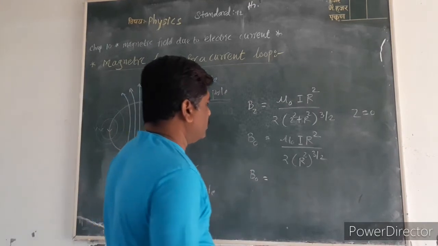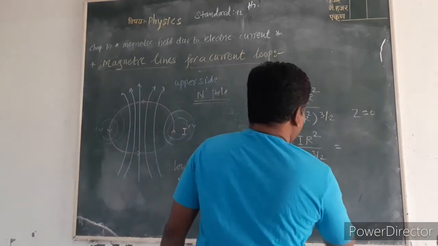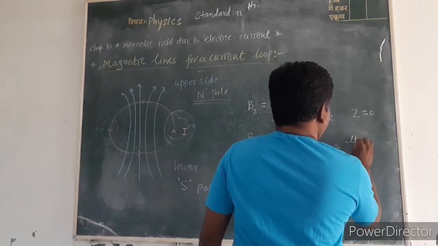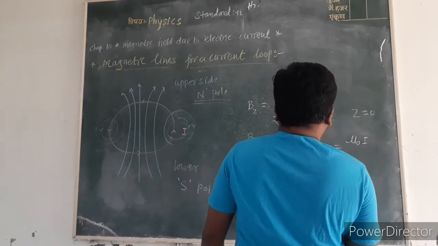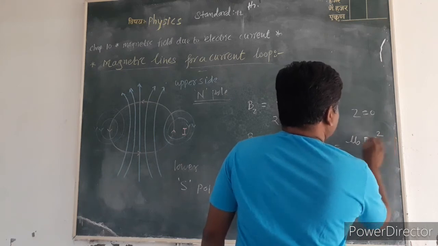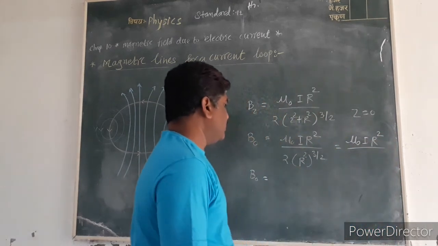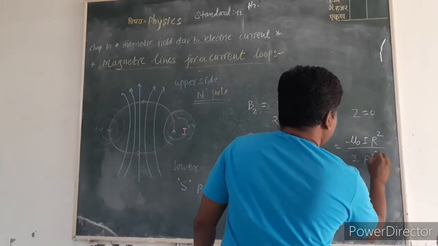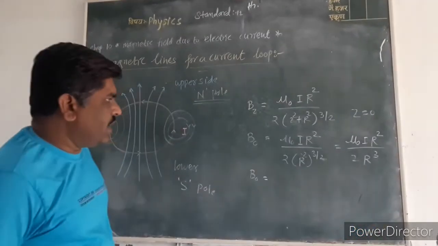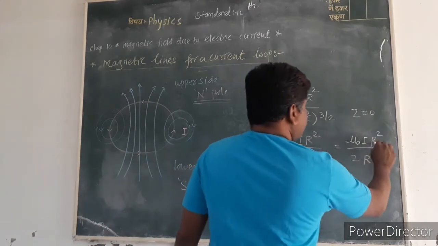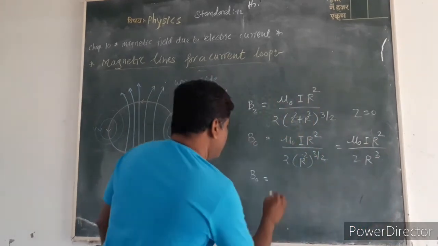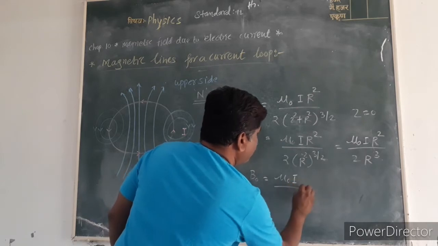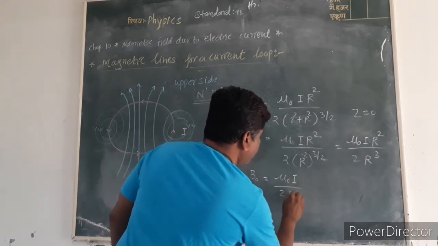This is equal to mu 0 I r square divided by 2 r cube, and finally r square cancels, giving mu 0 I divided by 2r.